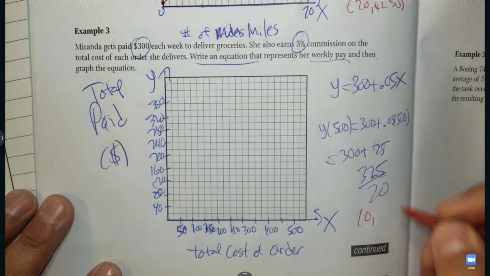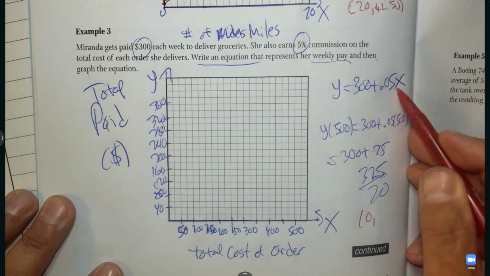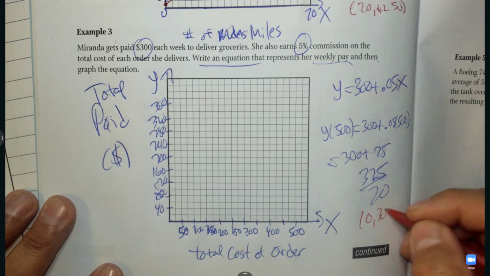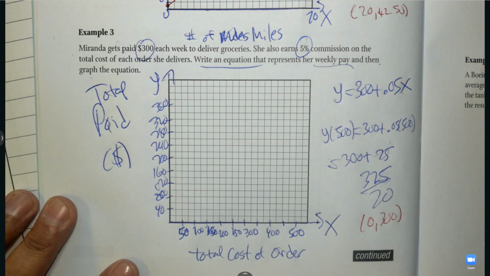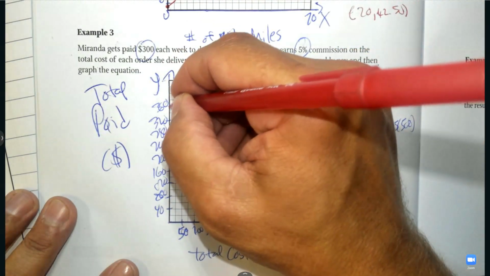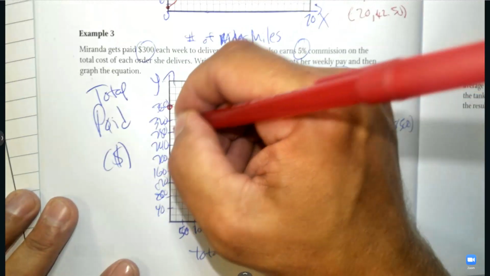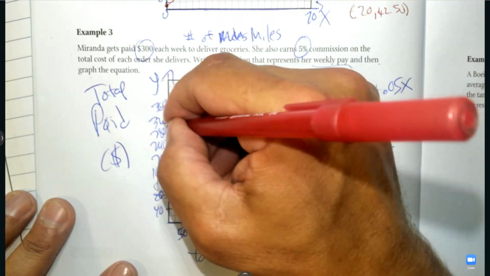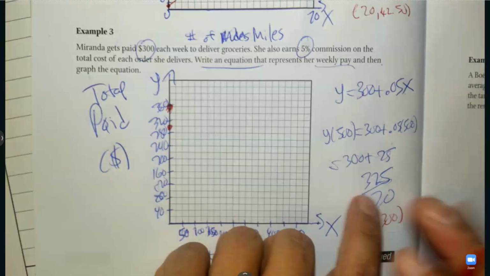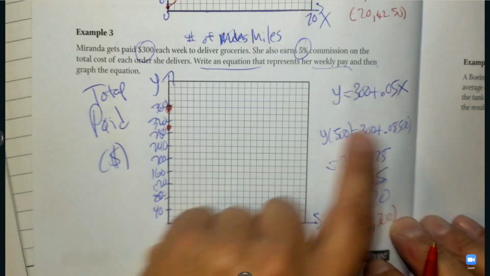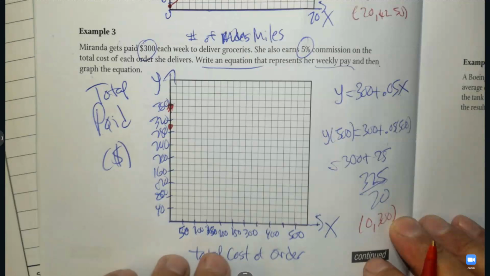So if I plug in 0 for x and multiply, I get 300. So I got 0 and 300. Oh, that's not 300. This is 300. Sorry. It's going to be pretty flat because the slope is 0.05. So it's going to be very flat looking.